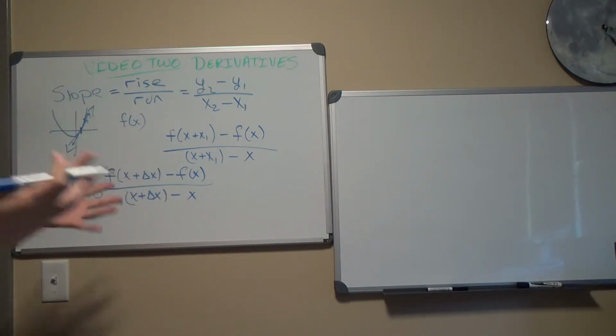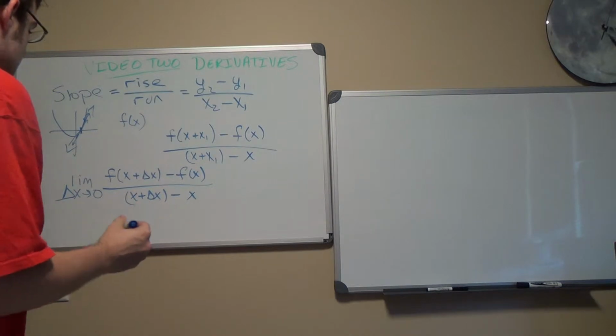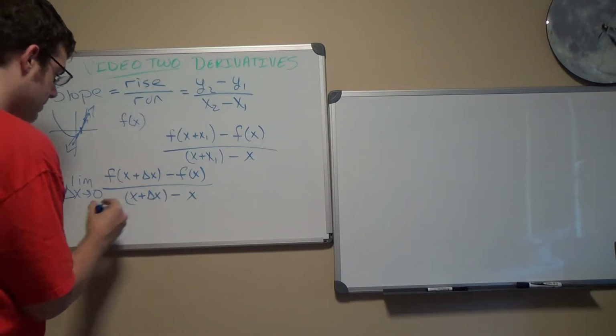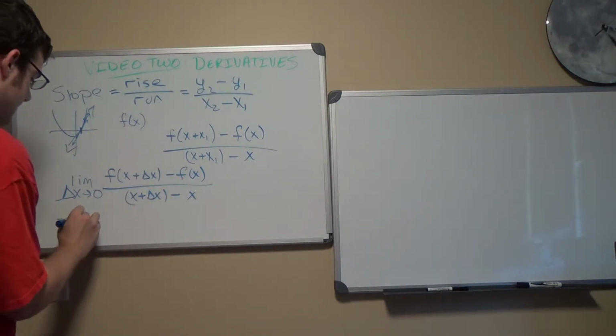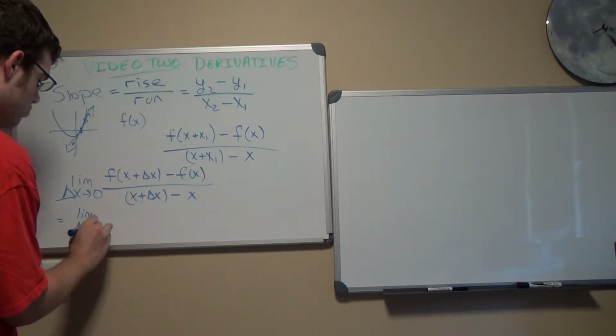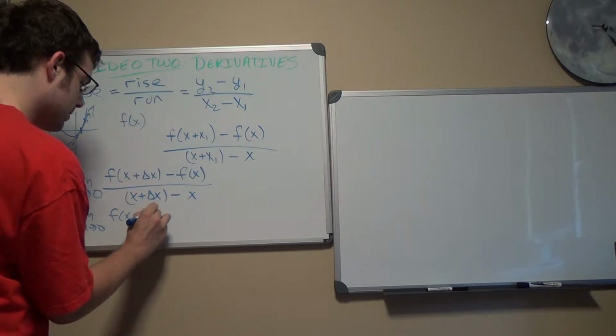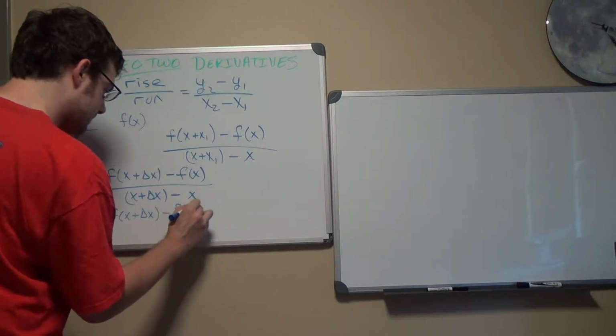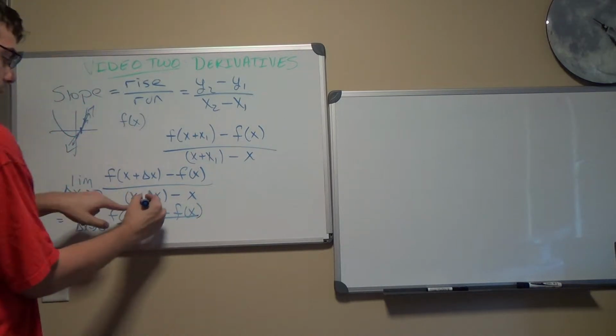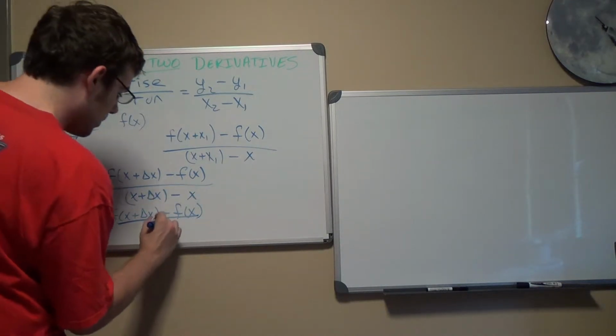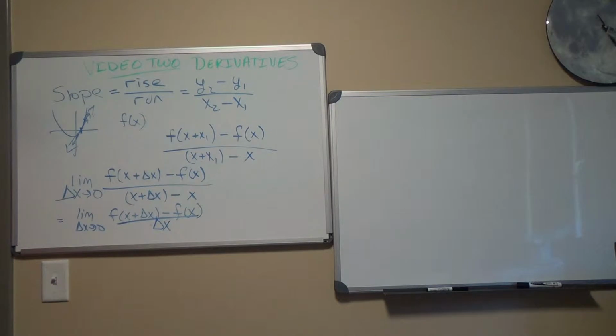Now we can do a little bookkeeping and rewrite this as the limit as delta x approaches 0 of f of x plus delta x minus f of x divided by, since x minus x cancels, delta x. This is the derivative. This is the definition of a derivative.